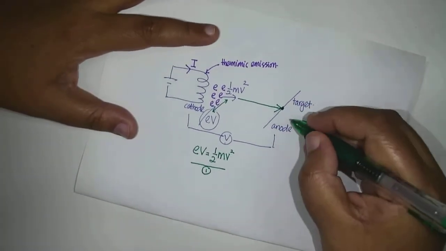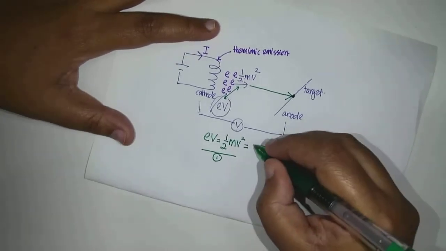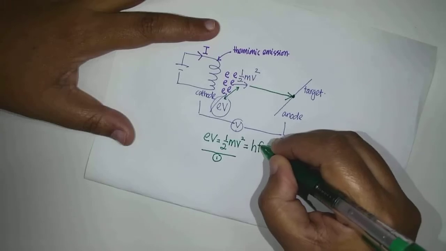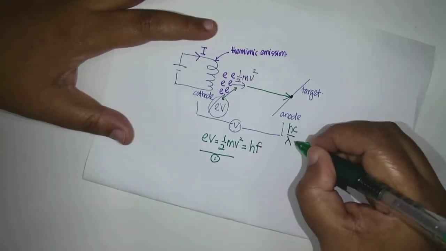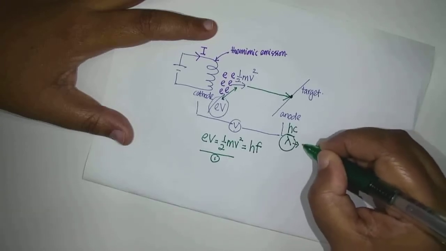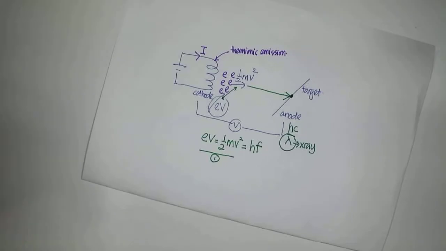What will happen is that the kinetic energy will be converted into X-ray, which is HF, where HF equals HC over lambda, and lambda is the wavelength of an electromagnetic wave in the X-ray range.